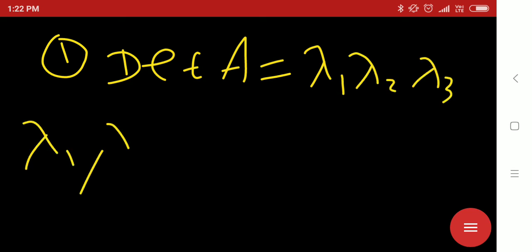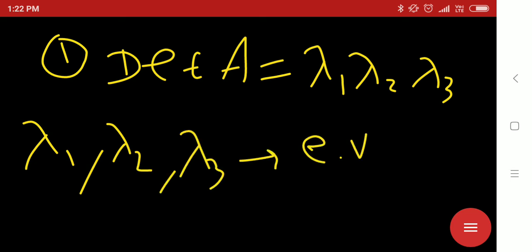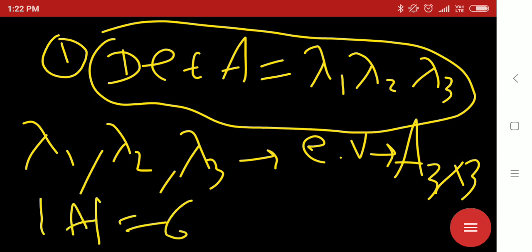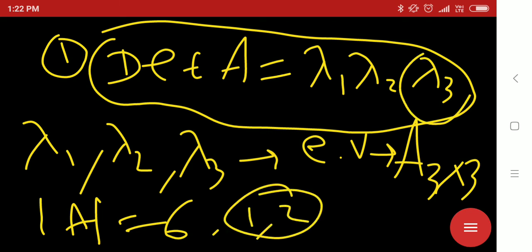Lambda 1, lambda 2 and lambda 3 are the eigenvalues of A, that 3 by 3 matrix. Here we will apply this formula, because we have the determinant of A equals 6 and two eigenvalues 1 and 2. From that we have to obtain lambda 3, the third eigenvalue.